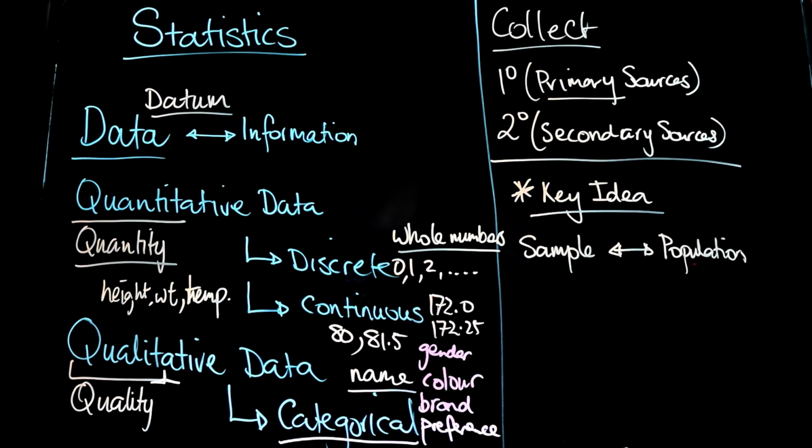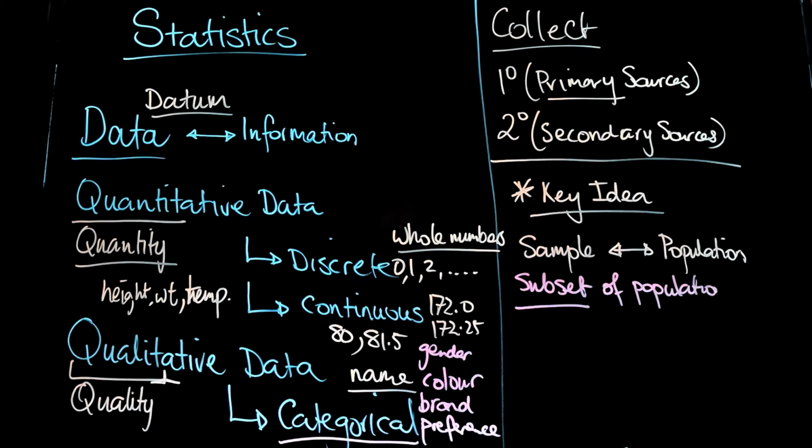That's everyone, the population. But what we do, and this is a really neat thing about statistics, is that we just take a subset of the population. And if we do this well, we get some information that we can generalize to the entire population.